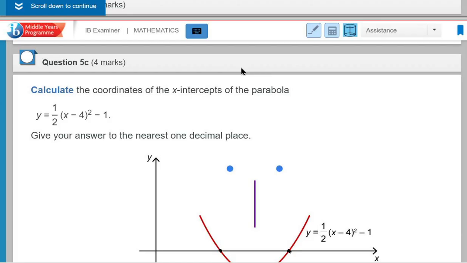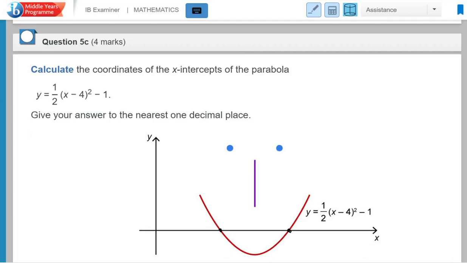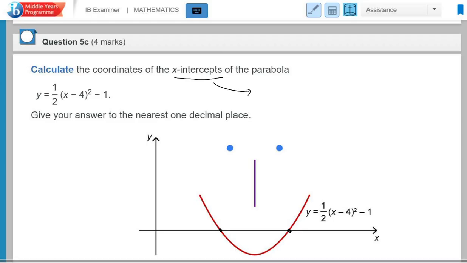Calculate the coordinates of the x-intercepts of the parabola. Look, what does it mean by x-intercepts of the parabola? This basically means solve for x, which means find the value of x. So there are two methods for this.